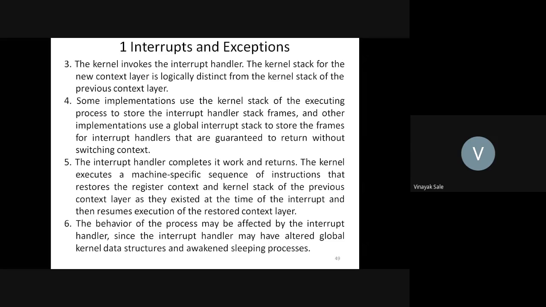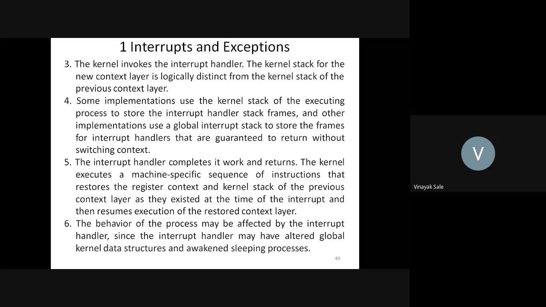Some implementations use the kernel stack of the executing process to store interrupt handler stack frames, and other implementations use a global interrupt stack to store the frames for interrupt handlers that are guaranteed to return without switching context.